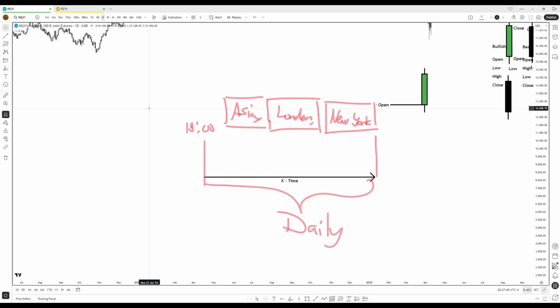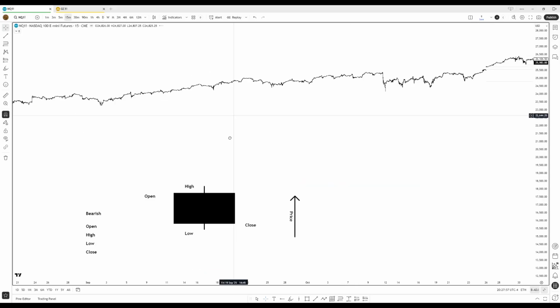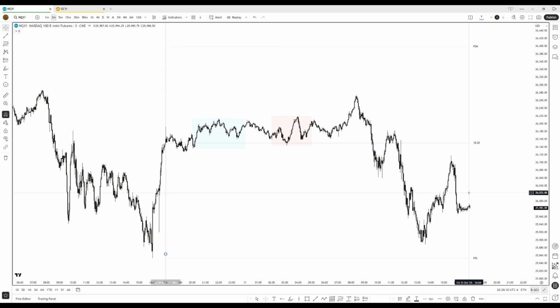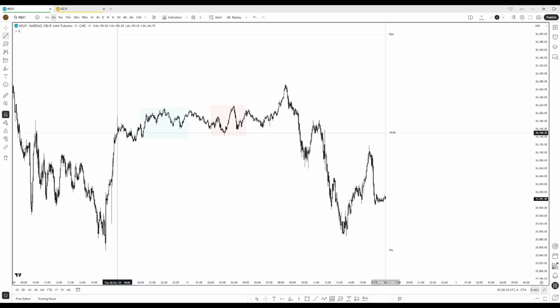So, Asia session, just really quick. I'll show you in a live chart over here, so you can have a better idea. I'm going to take today, for example. You see, now you have the open over here, and then you have the close over here. I'm going to draw this and make it more visible.